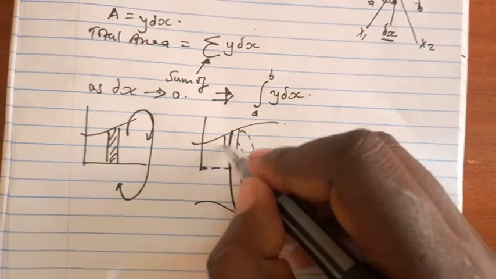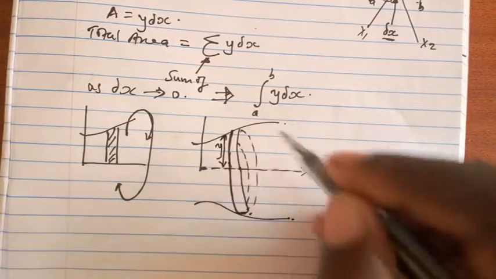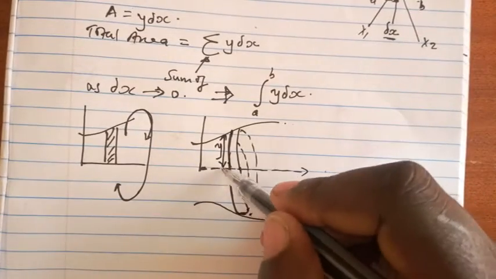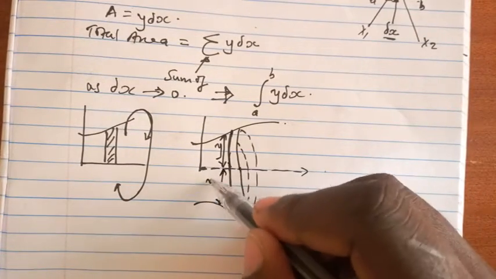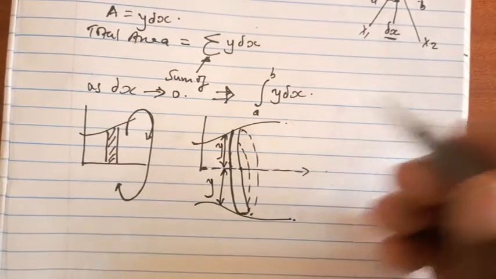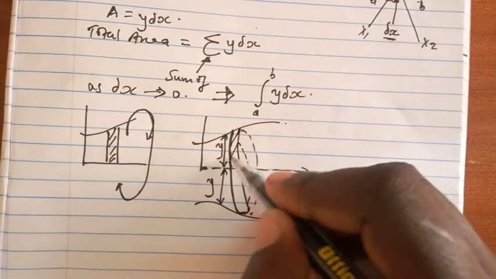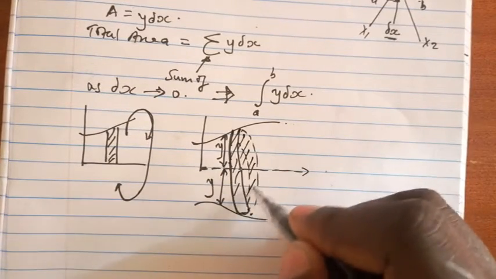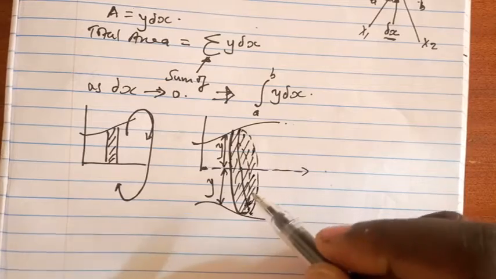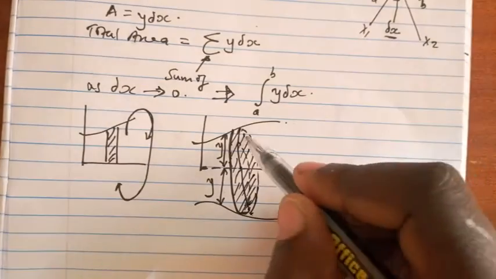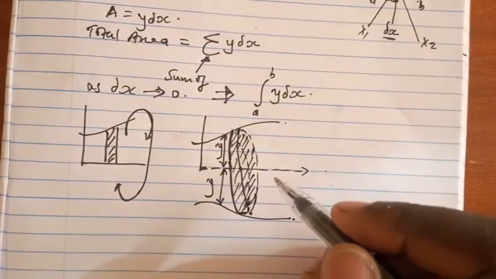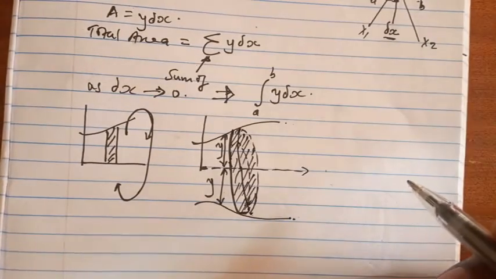Remember, this height was y, and because we are rotating around the x-axis, the same y will be seen to be like that. And therefore, if we have the whole volume kind of solid here, it is going to be a solid or a space that has volume.